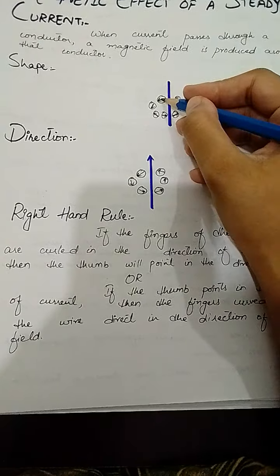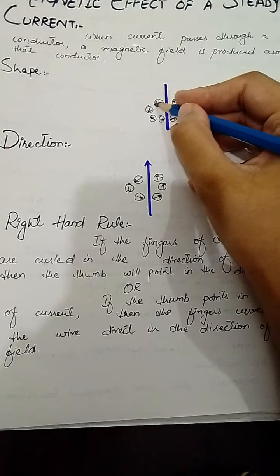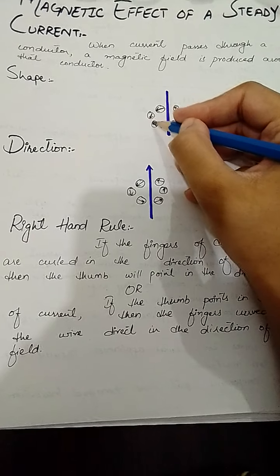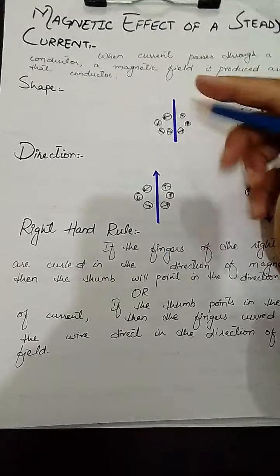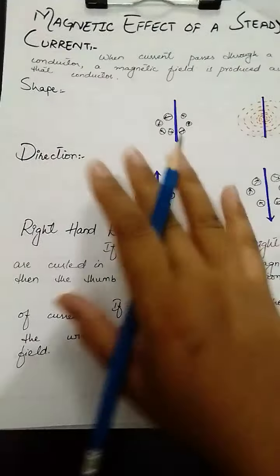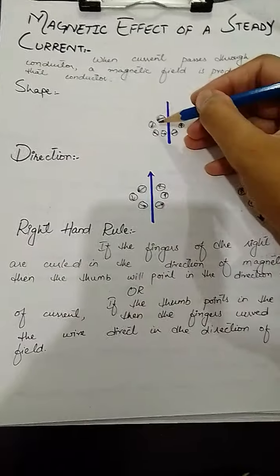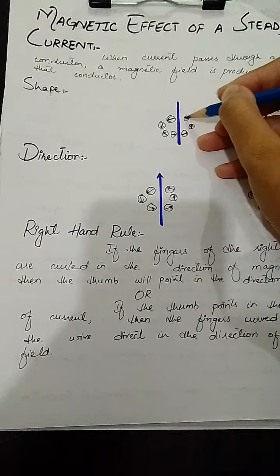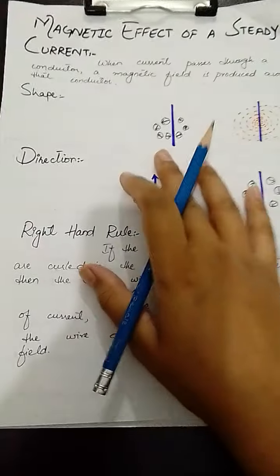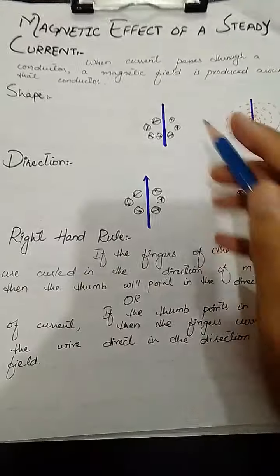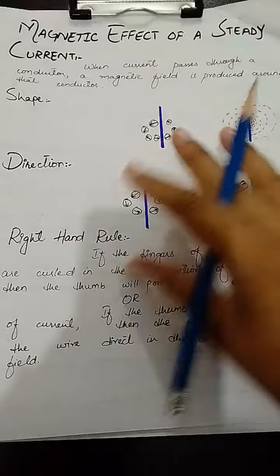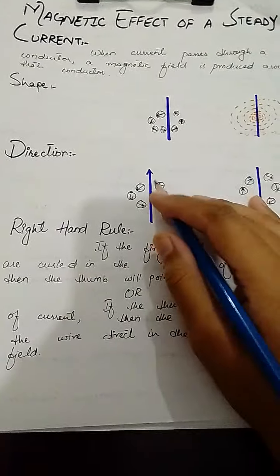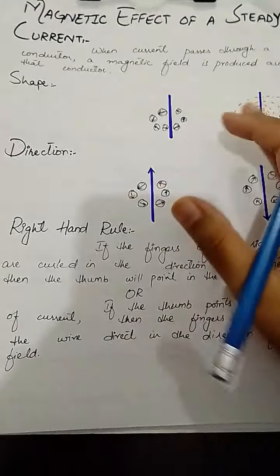As you can see, this needle directs in this direction, and this compass needle directs over here. They are not directing in just one direction, rather they are forming a circular path, or a circular orbit, you can say.